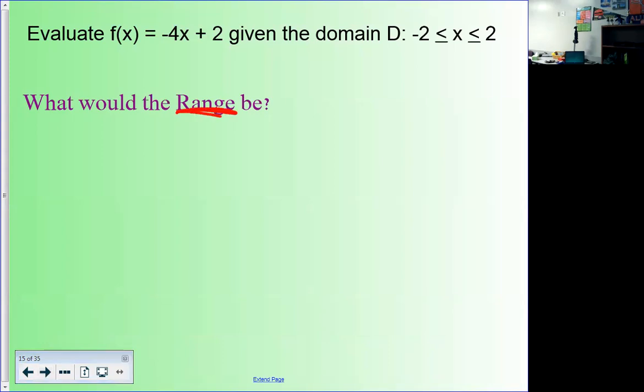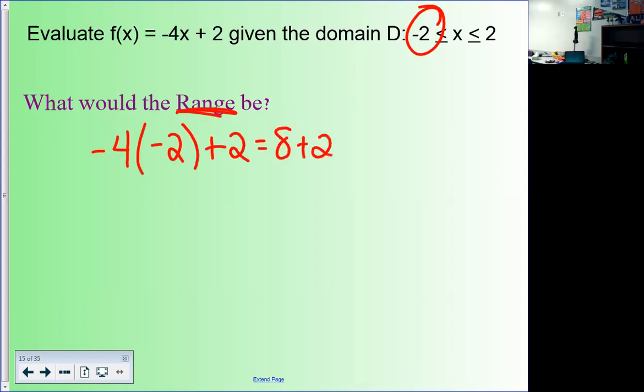Well, I do that by -4 times my x value, which is going to be right here, -2, plus 2. This gives me +8 plus 2, which equals 10. My other x value, 2, is my other number.